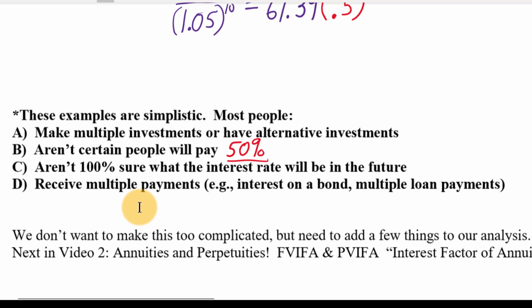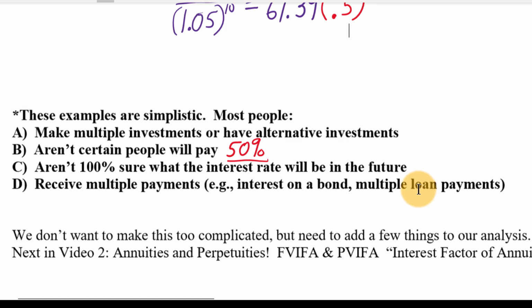Many times, people are going to be receiving multiple payments. Say, I buy some kind of bond, and this bond that I buy is going to pay me multiple payments. Maybe at the end of every year, they're going to send me $50. How do you handle multiple payments? Whenever you buy a house, you don't just pay everything back at once. You make multiple payments on the loan.